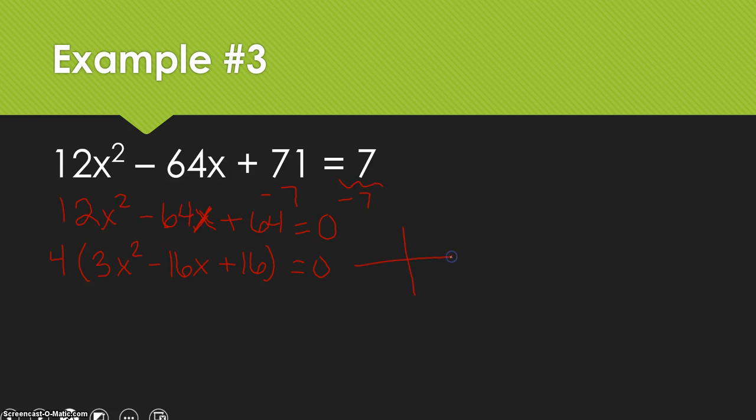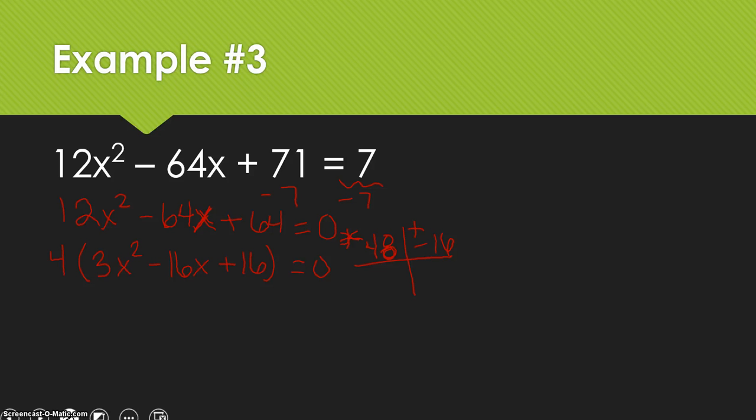I can leave the 4 alone. I don't need to worry about it. So in my multiplication, I need to do 3 times 16, which is 48. And then my middle term, I'm going to use as what I need to add to get, and that's negative 16.